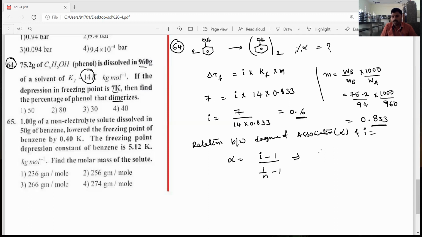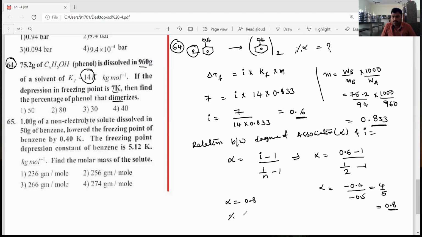Alpha is equal to (0.6 minus 1) divided by (1 by n minus 1). N means how many molecules are involved, dear students? 2. So 1 by 2 minus 1: alpha is equal to minus 0.4 divided by (0.5 minus 1), which is minus 0.5, which is 4 by 5. The 4 by 5 value is 0.8. So alpha is equal to 0.8.